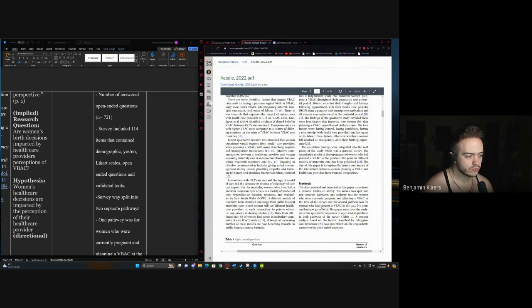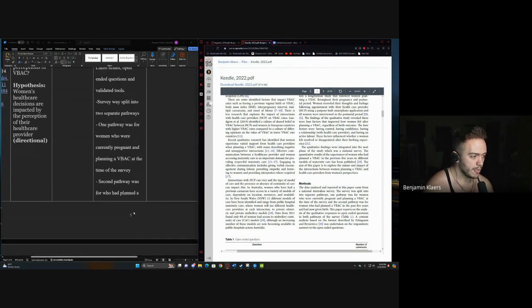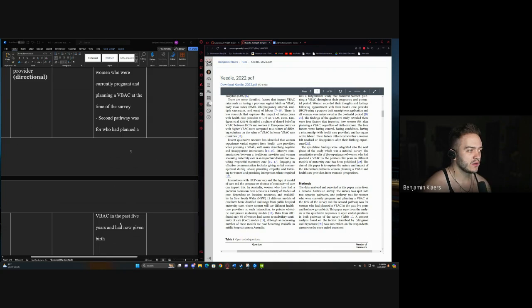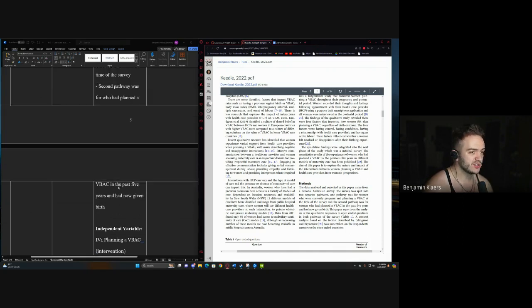One pathway was for women who were currently pregnant and planning a VBAC at the time of the survey. The second pathway was for women who planned a VBAC in the past 5 years and had now given birth. Essentially, there are 2 paths.